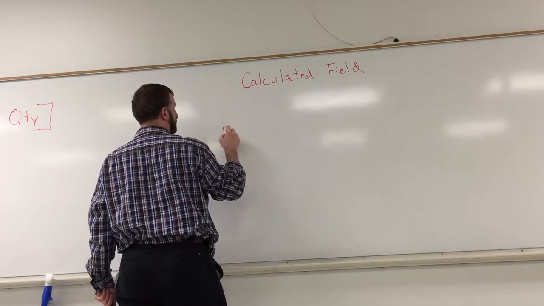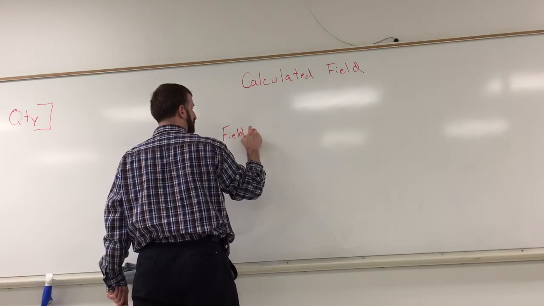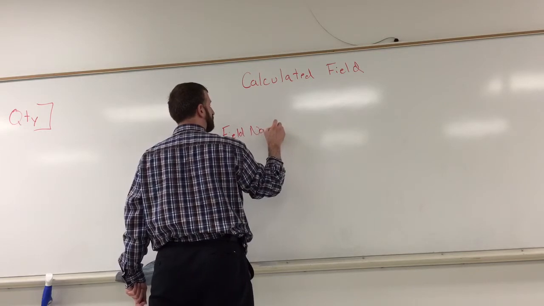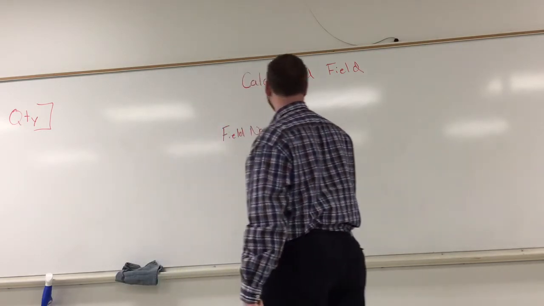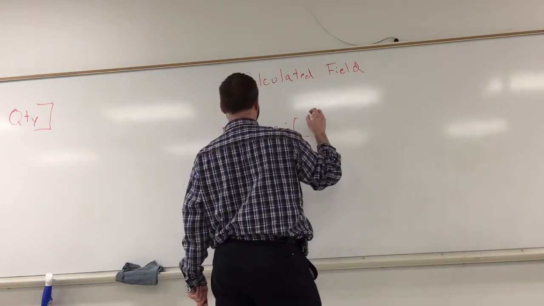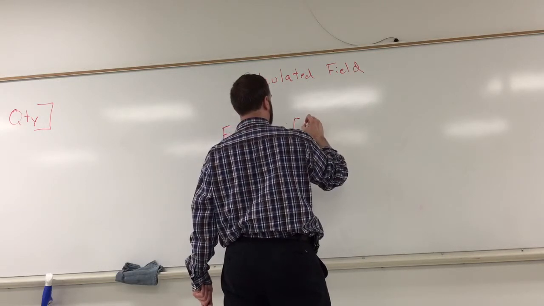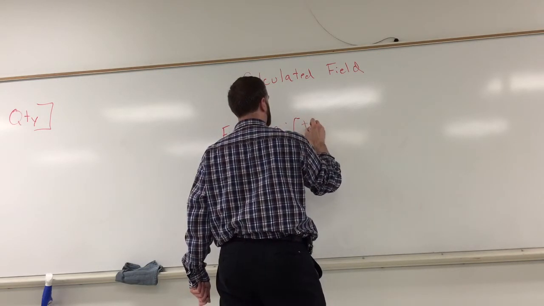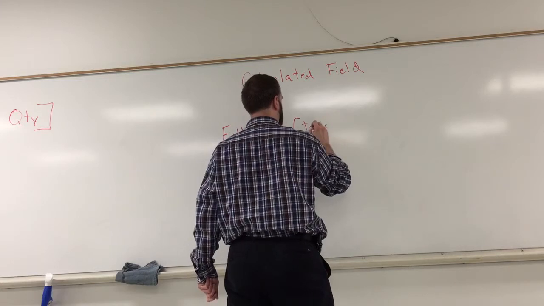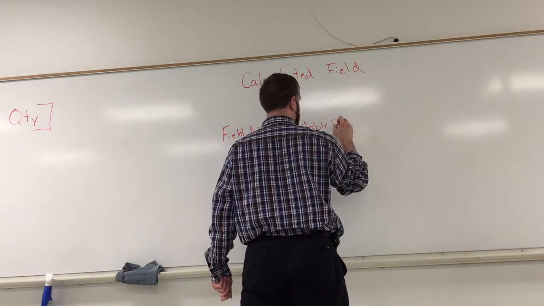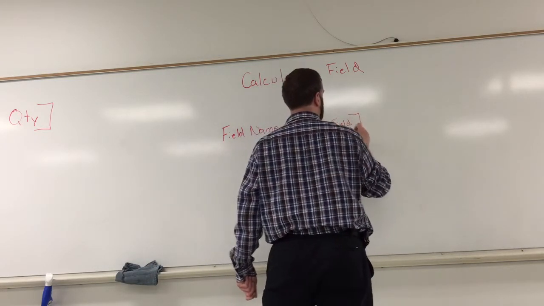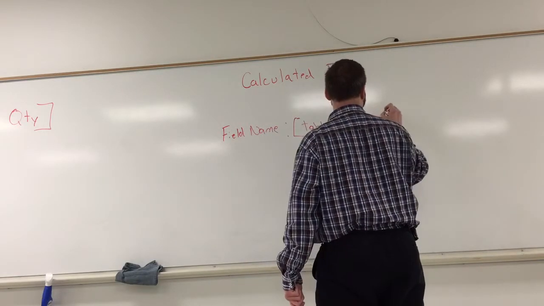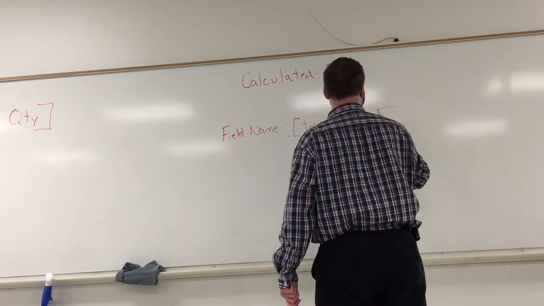You have to have a field name. And it's followed by a colon. Inside the bracket is a table. Then you have your operation, and then another field.